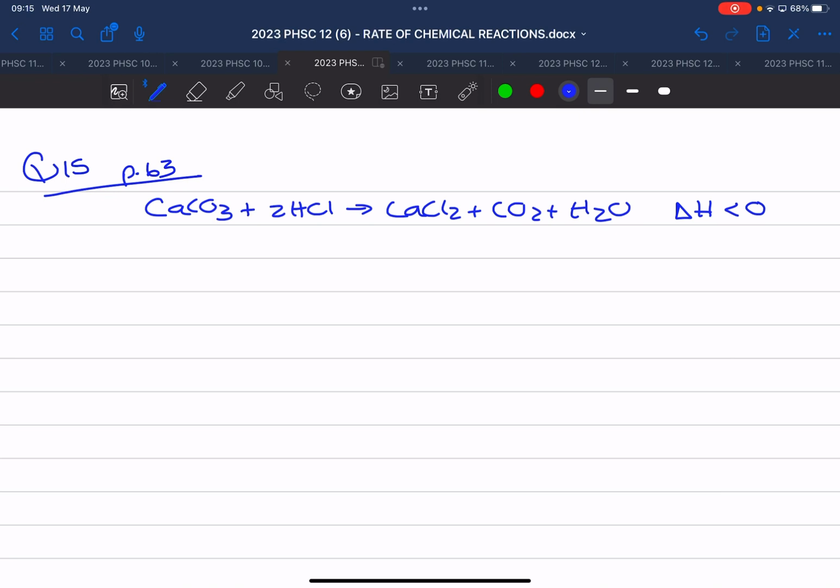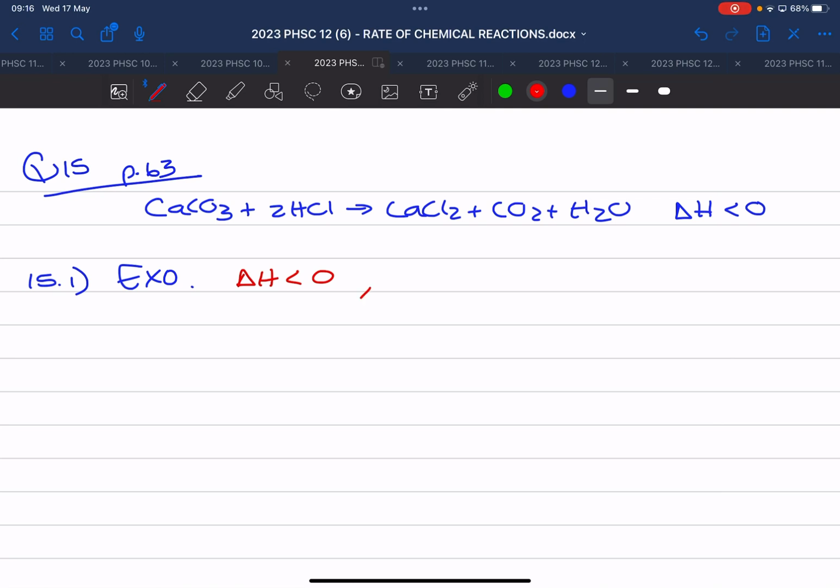Now they ask you, is the above reaction exo or endothermic? Give a reason for your answer. What is it, exo or endo? How do you know it's exothermic? Delta H is smaller than 0.